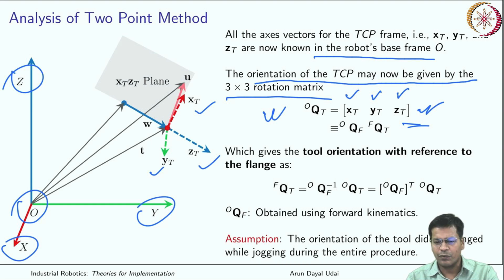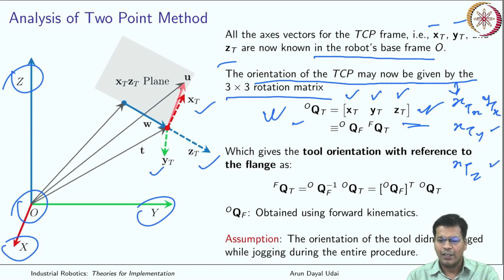Whatever you have calculated, you can put as XT along X, XT along Y, XT along Z. That becomes the first column. Similarly, the second column will be YT along X, YT along Y, YT along Z, and similarly this one.